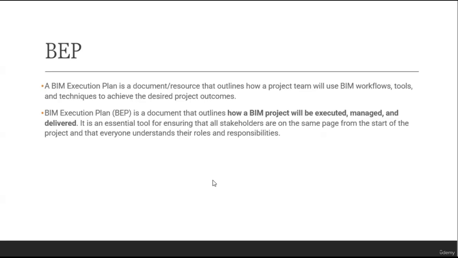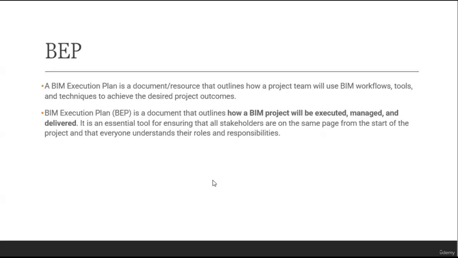How can we have a BEP? We can start by gathering information about the project, such as the scope of the work, the schedule, and the budget. Then we can have a list of key objectives for the project. Next, identify how BIM can help to solve these objectives. The roles and responsibilities of those involved can be determined in the BIM execution plan as well.